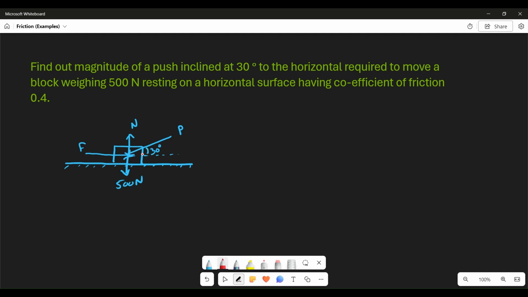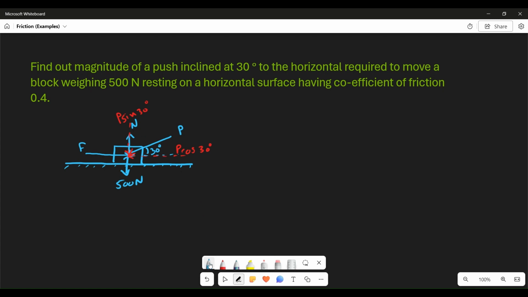So let us make two shadows of this force P. One will be horizontal shadow, okay, which will be adjacent side to the P. So I will call this P cos 30 degree, and other shadow will be here, vertical shadow of this force P, and this is opposite side to P, so we will call this P sine 30 degree. So now your force P is resolved into horizontal and vertical directions. So you don't need to consider this P while calculating. You will consider two components of it.